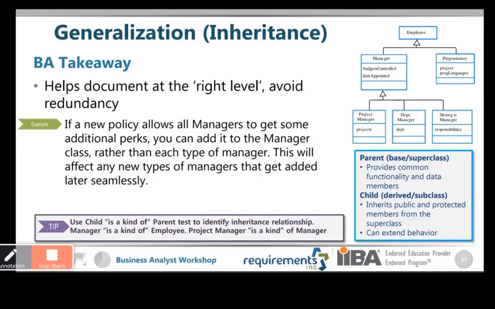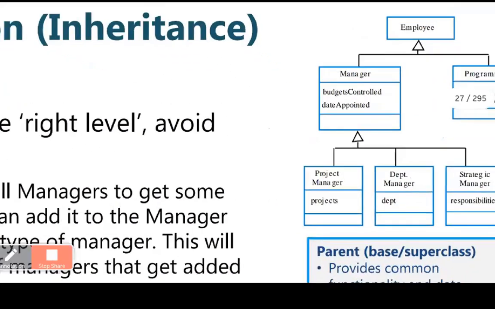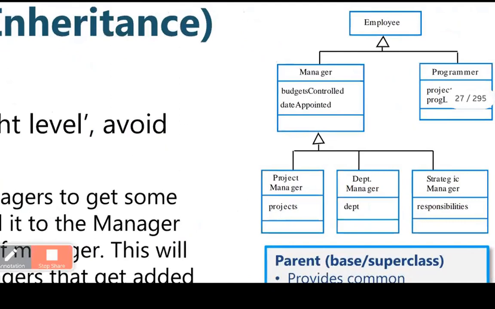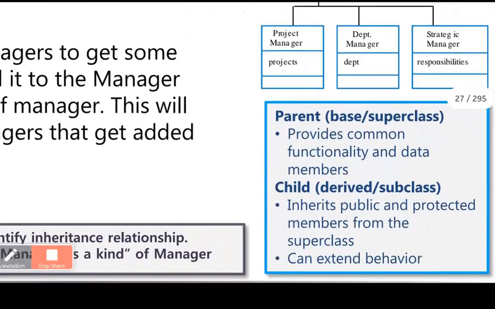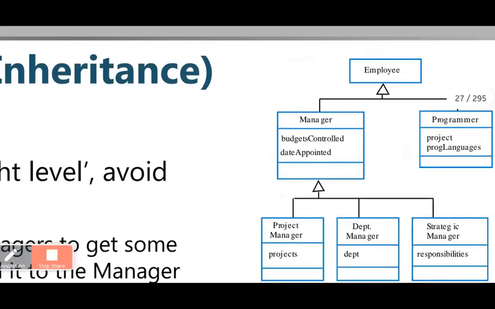All right. So for example, here on the right, we have this chart. Employee is on the top. You have a manager and a programmer, two types of employees. And then within the manager, you have three types of employees. For all the employees, we have certain things, like the general holidays of the year.